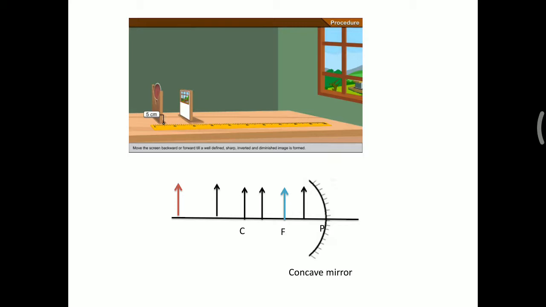But here you have to notice only one thing. You have to draw a concave mirror, mark the pole, focus and center of curvature, and just draw the position of the object. Here the position is infinity. The object is placed in front of the mirror.